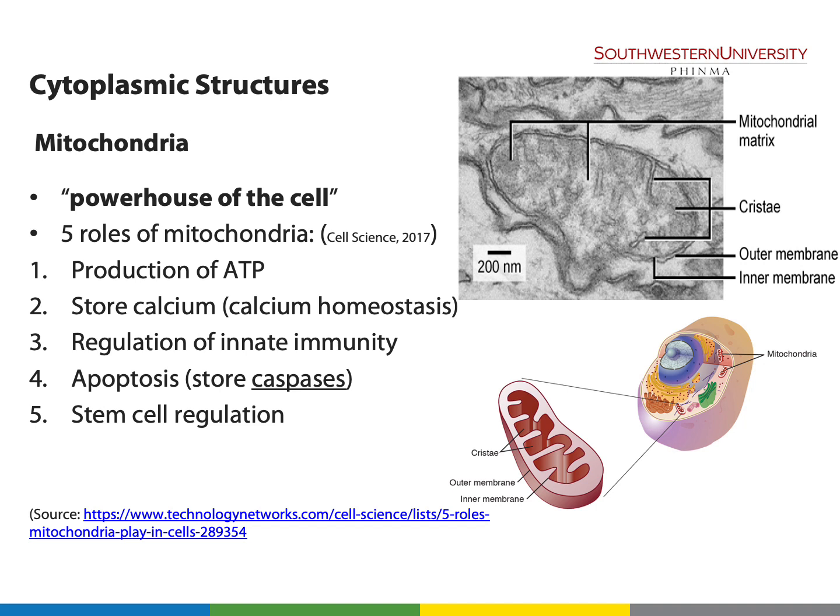I posted here the five basic functions or roles of mitochondria. Numerous studies have demonstrated that mitochondria function in production of ATP, storage of calcium, regulation of innate immunity, apoptosis, and stem cell regulation.